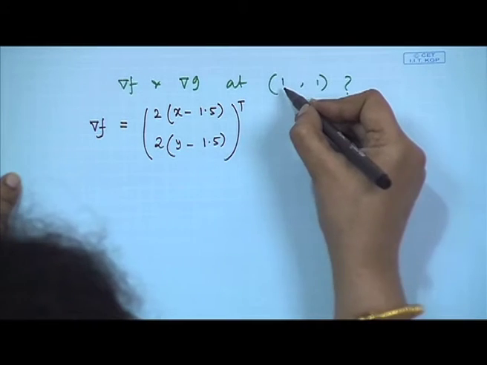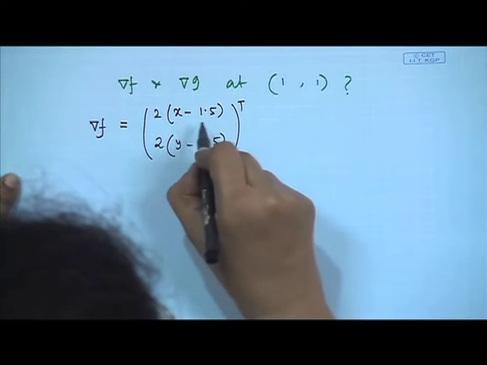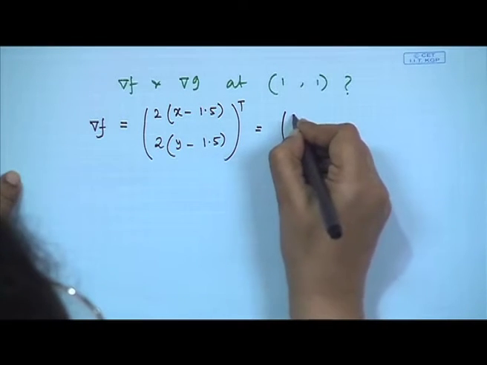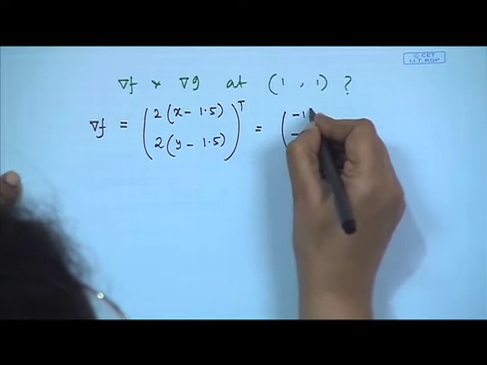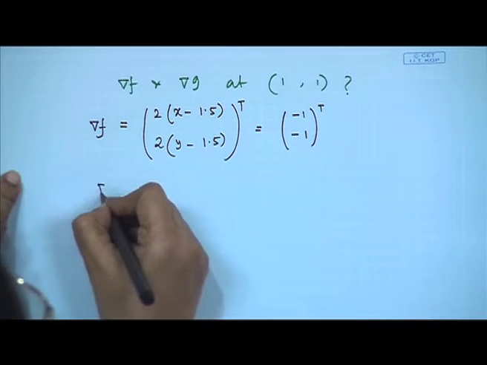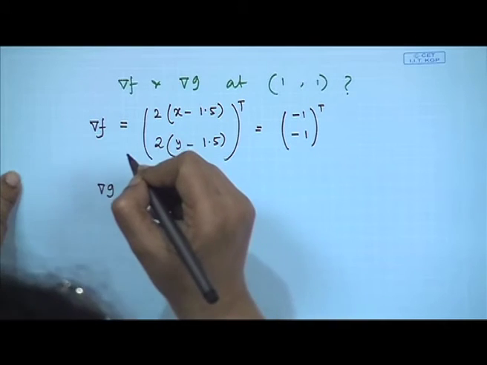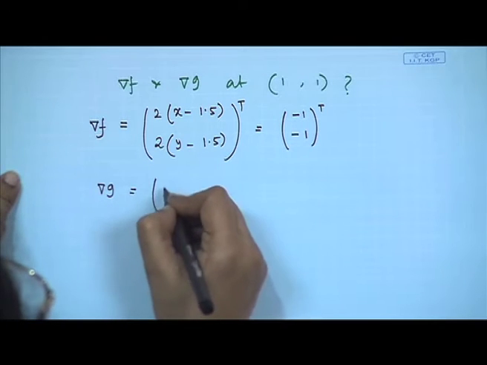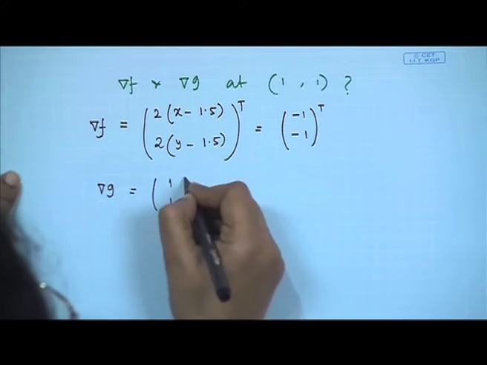If we substitute 1 here, this is 0.5, 0.5 into 1, that is why we get grad f equal to minus 1, minus 1. And if we consider grad g, my g was x plus y minus 2, that is why grad g is always 1, 1.